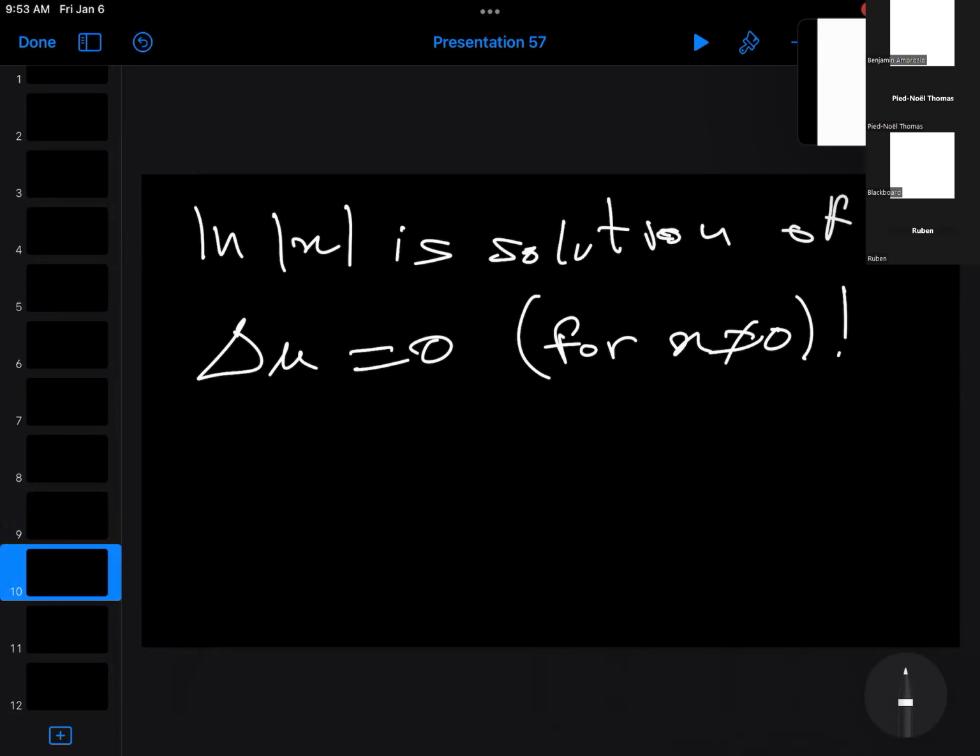It's called harmonic functions. The functions such that Laplacian u equals 0 are called harmonic functions.